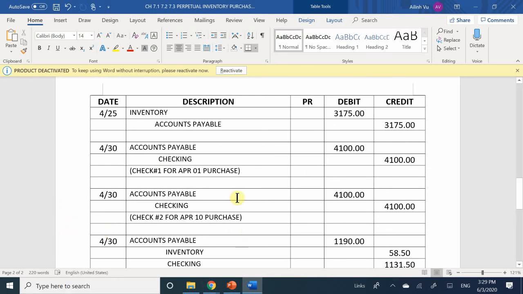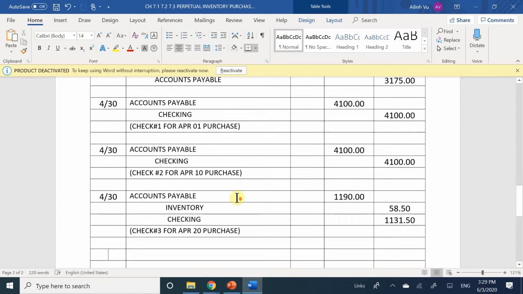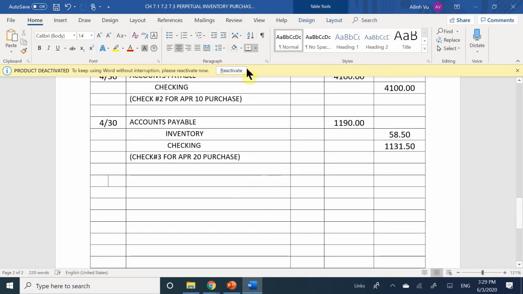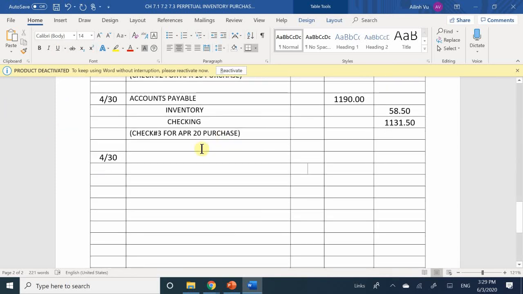Okay, so what are we going to recognize? So that's going to be accounts payable of 3,125. Inventory is the 156.25, and then the checking will be the remaining amount.